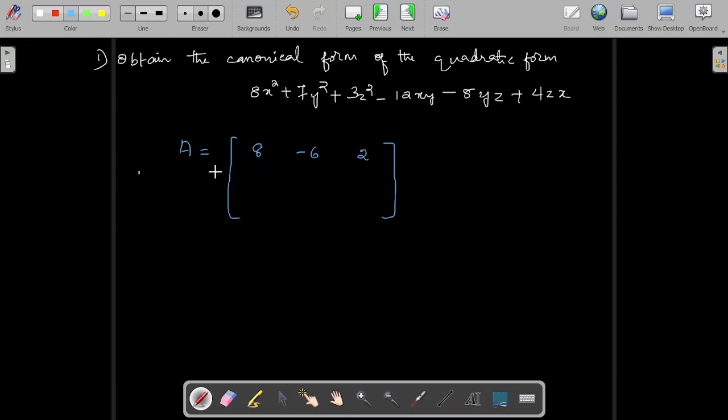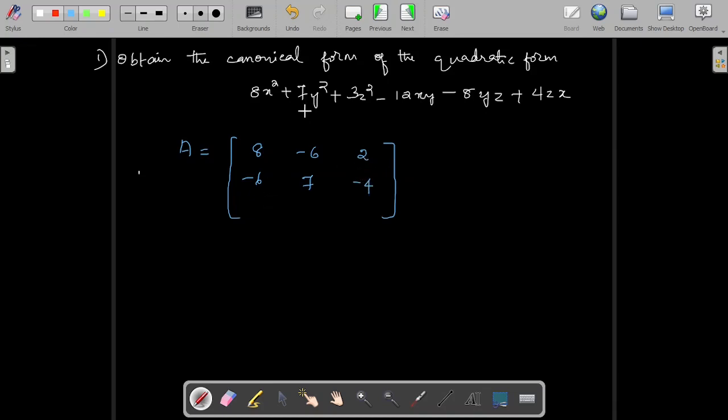Then this row is for y: coefficient of yx, minus 12 by 2, minus 6, then the diagonal coefficient of y square, that is 7, then coefficient of yz, which is minus 8, minus 8 by 2 is minus 4.